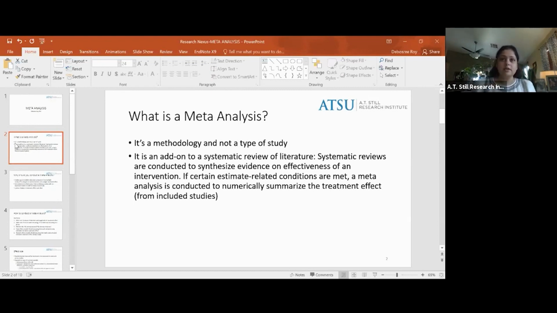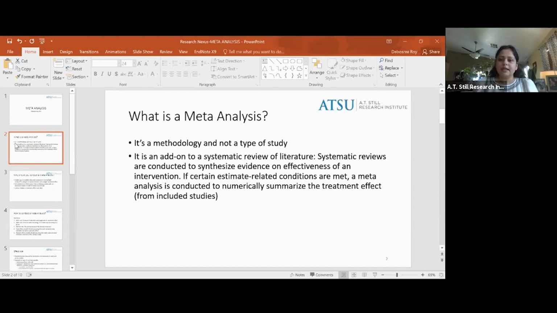So you have your inclusion and exclusion criteria, very stringent, and then you have your correlation matrix, and then you conduct certain tests, and those tests tell you whether you should proceed with a meta-analysis or not.